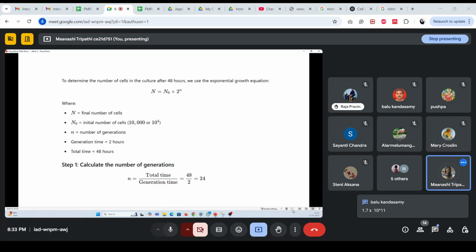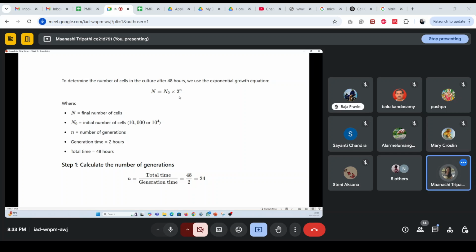The first thing is we need to know the correct formula. To determine the number of cells in the culture after 48 hours, we can use the exponential growth equation. When we solve such questions, mostly we talk about the log phase, unless it is mentioned that we need to incorporate other phases. So N is equal to N naught into 2 raised to power n.